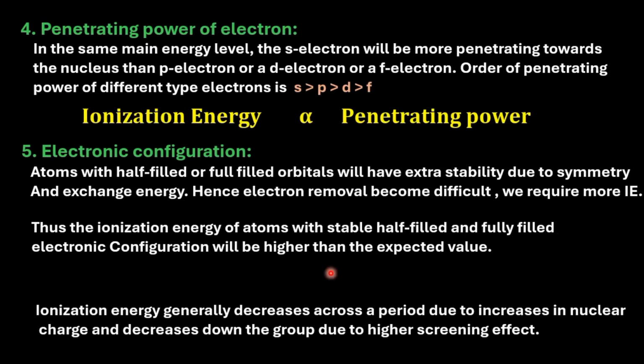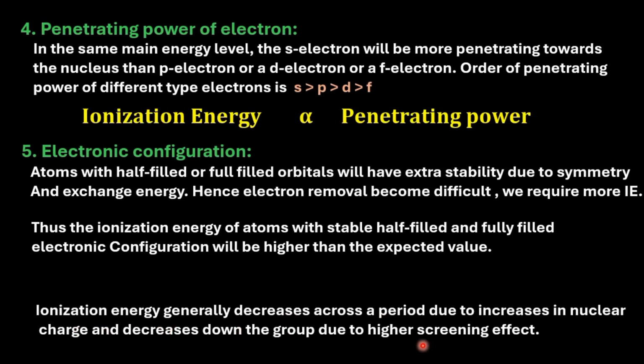So the ionization energy of atoms having half filled and fully filled electron configurations will be higher than the expected values. Now, how is the variation? Ionization energy increases across a period due to increase in nuclear charge, whereas it decreases down the group due to higher screening effect.